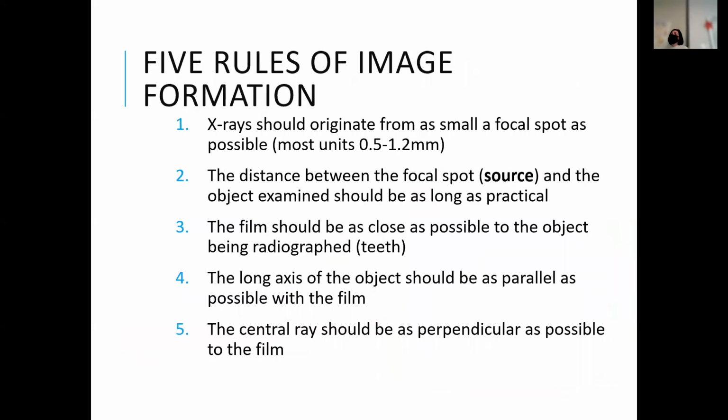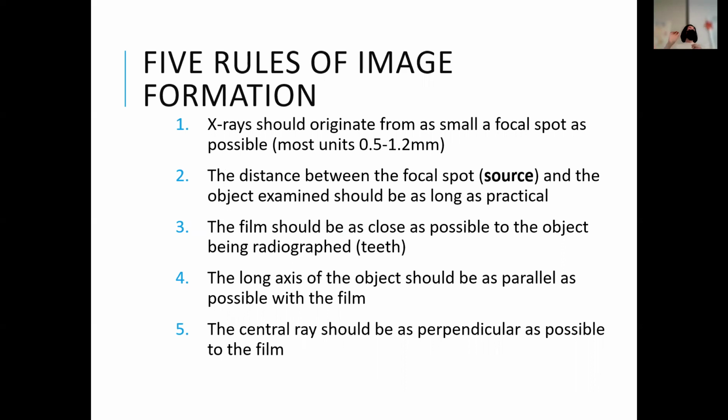So, 5 rules of image formation. These are important to know. There's usually information on an exam from this slide. So X-rays should originate from as small a focal spot as possible. Your focal spot is the tungsten target on the anode side, the little chip of tungsten.